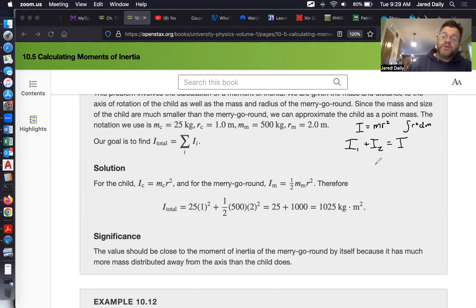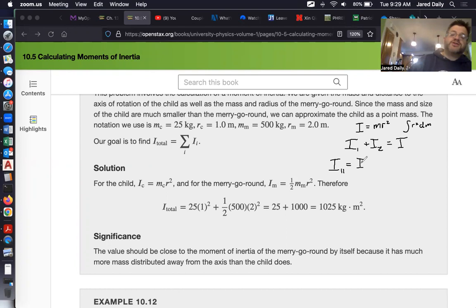But then we also learned the parallel axis theorem that says if you have two things that are rotating and their rotations are around parallel axes, then you can actually take the moment of inertia of, this is not two things rotating, this is one thing rotating.